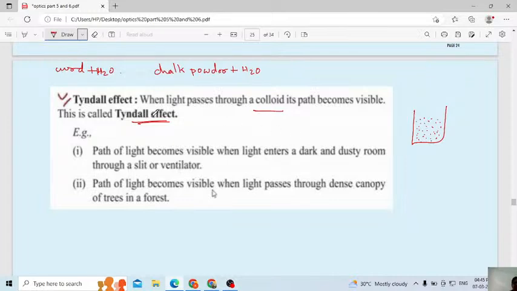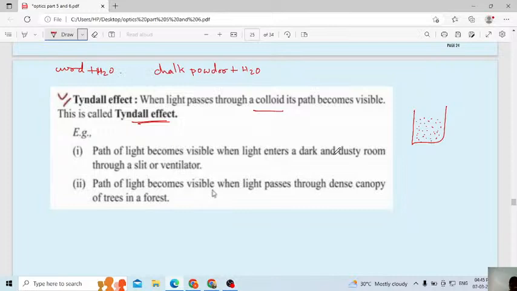Why do you observe the path of rays in the Tyndall effect? The path of light becomes visible when light enters a dark and dusty room through a slit or ventilator. Everyone has observed this at home.